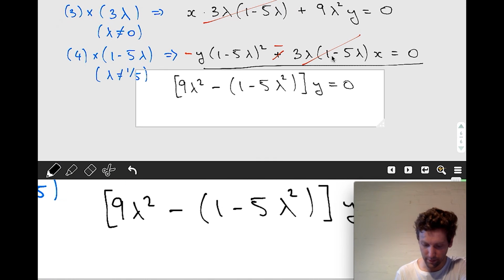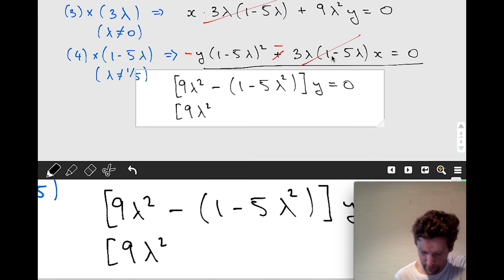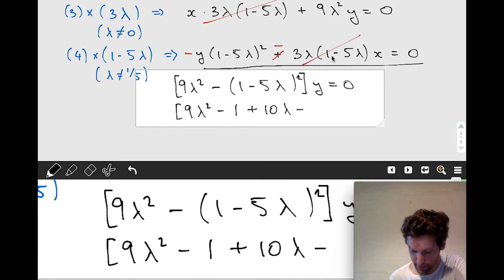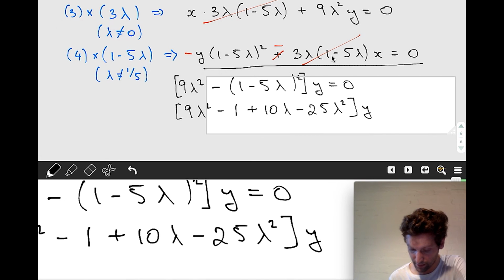I can tidy that up a little bit, so we get 9 lambda squared, slight mistake there, that's squared outside the brackets. So then we get minus 1 plus 10 lambda minus 25 lambda squared times y is equal to 0.